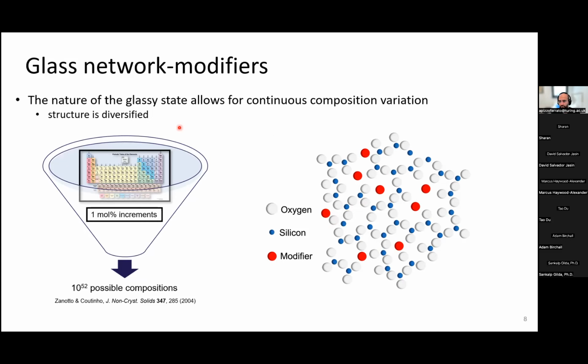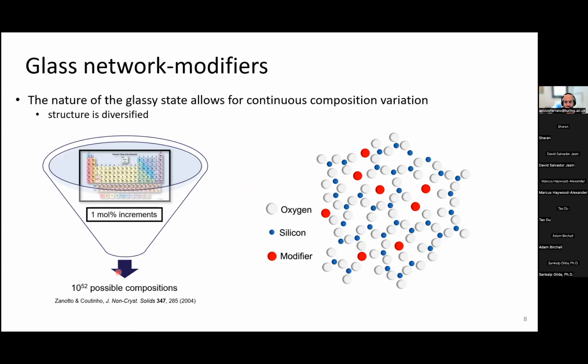And this is also where both the good and the bad of working as a glass chemist comes in, because we can really tune the structure by using different elements from the periodic table. And we are not limited by a certain crystal stoichiometry.